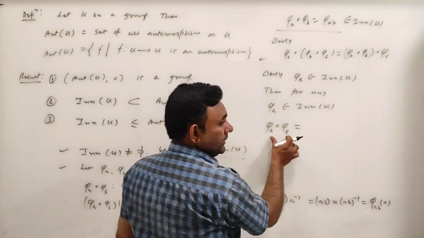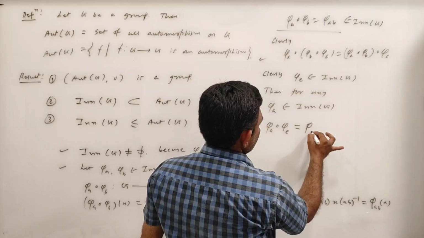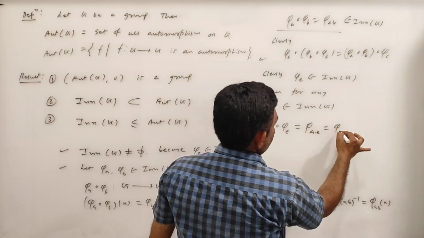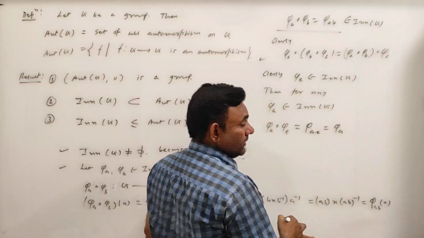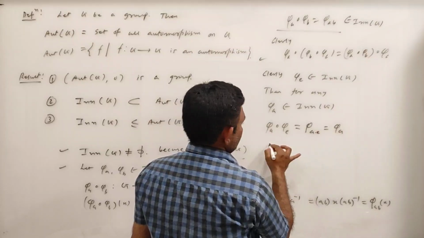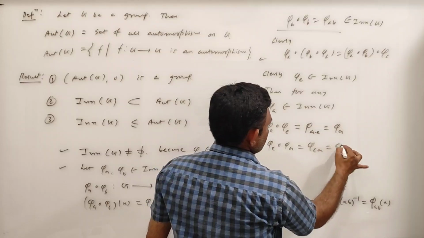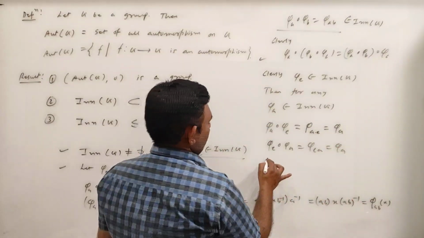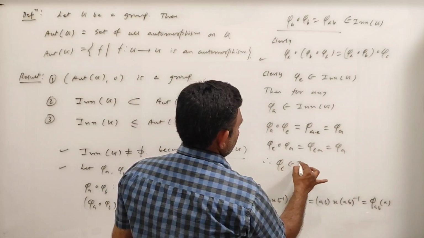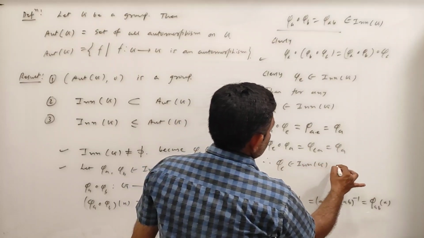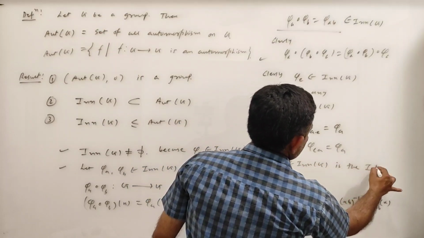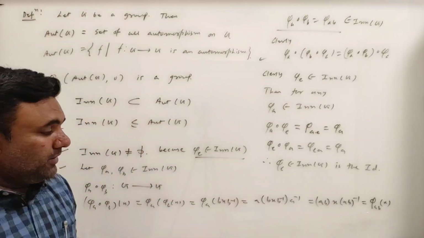So here consider phi A o phi E, that is phi AE, which is phi A. So phi A o phi E is phi A, and similarly phi E o phi A will be phi EA, which is phi A. Therefore phi E belonging to InnG is the identity element.